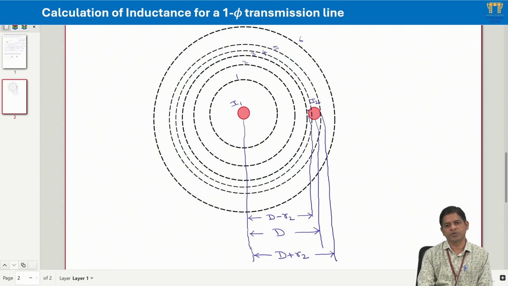One more observation you can make is, if you see flux line 4, it is linking partial current which is flowing in conductor 2.